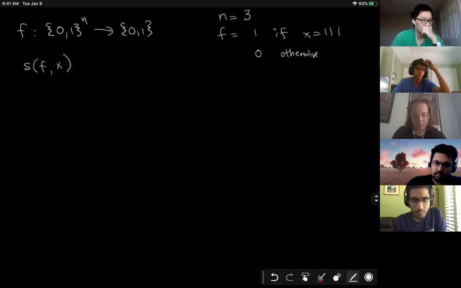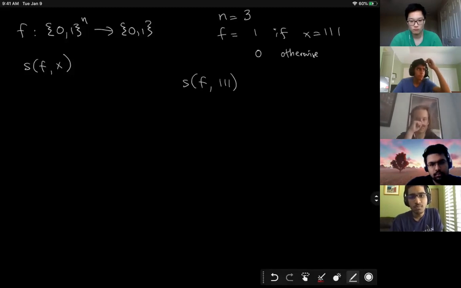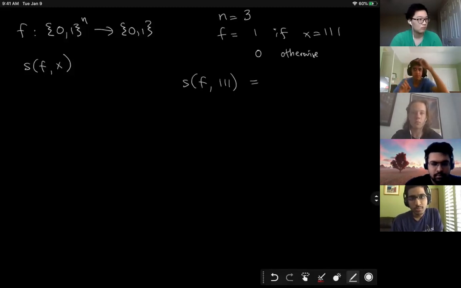Feel free to unmute yourself and ask questions or point out something I do wrong. The sensitivity of this function on the input 1,1,1 would be the number of indices within the input that you could flip such that the output changes. So what is the sensitivity here? 3, because you could change any of them.